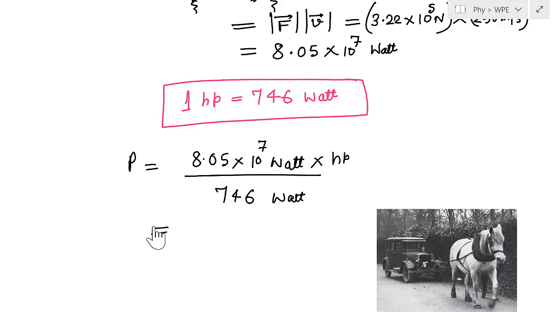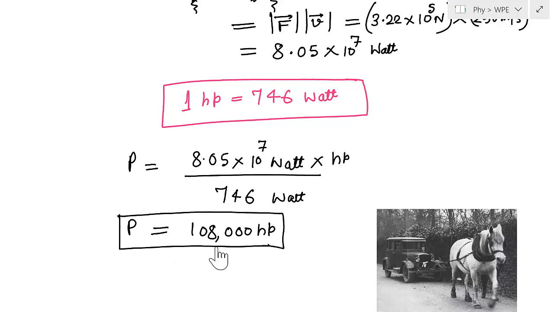If you calculate all this, this will come to 108,000 horsepower. So around 108 kilo horsepower. This is the power that is generated by each of the jet engines. If you consider the total power generated by all the jet engines, then you have to multiply by 4. But in this case, we have to calculate the power generated by each engine. So this is the amount that is generated by each engine.